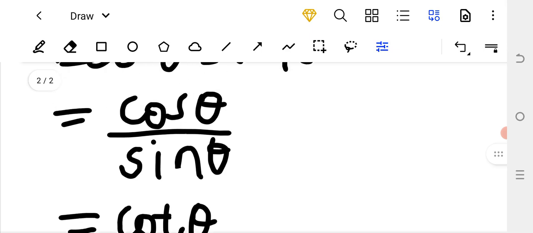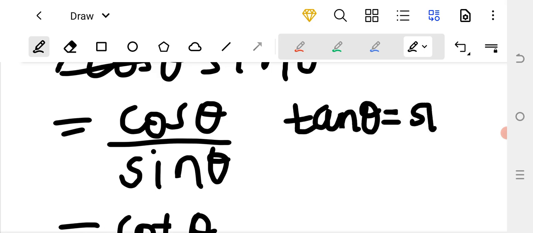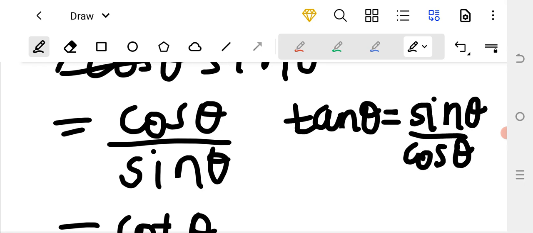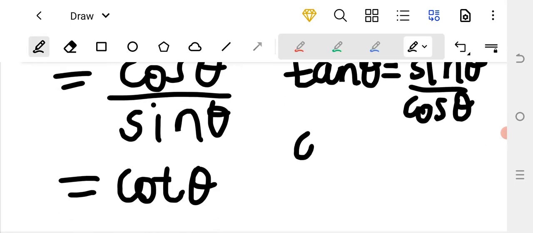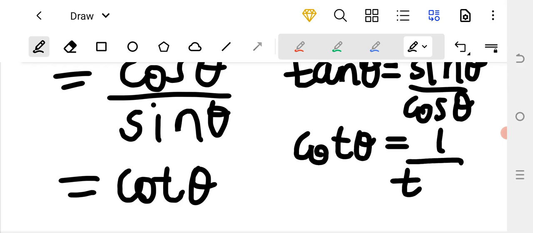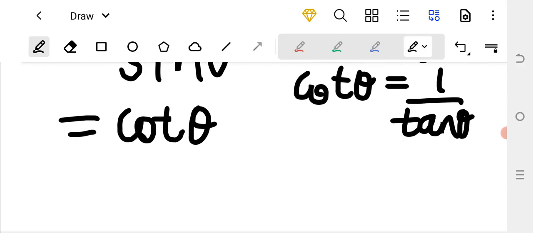Why have I said that? We know that tan theta is equal to sine theta over cosine theta, and cot theta is equal to 1 over tan theta, meaning that they are inverses of each other.